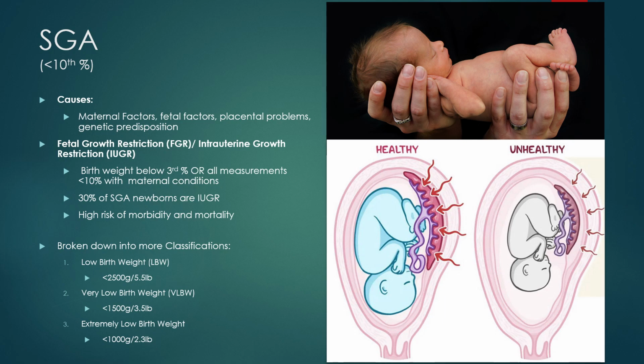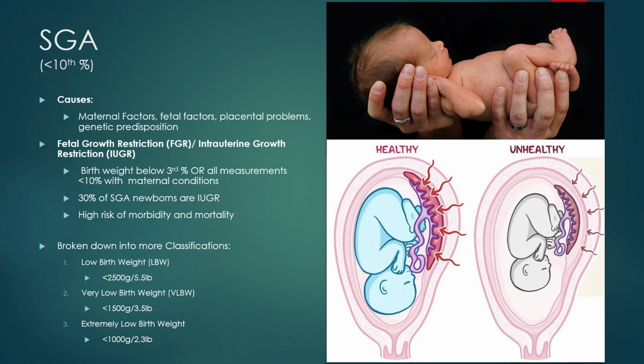If it's determined on ultrasound that the baby is measuring small and there are known risk factors beyond genetic predisposition, the doctor may recommend the patient be induced and delivered at 37 weeks. If the baby is not growing and thriving, we call that fetal growth restriction, FGR, or you may commonly hear it on the unit as IUGR, which is intrauterine growth restriction.